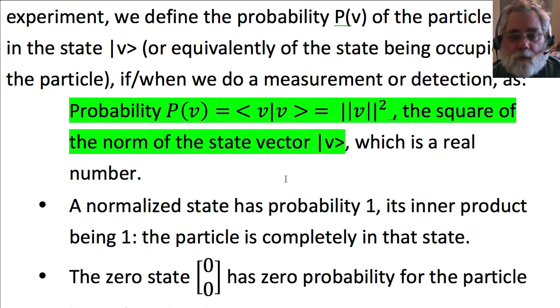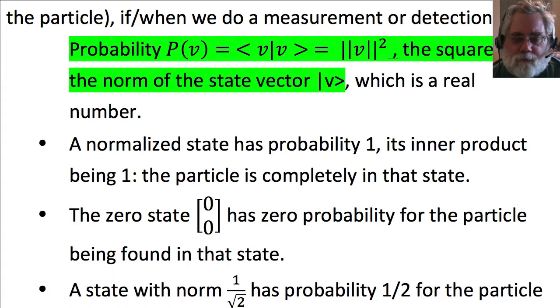And this is a real number. A normalized state has probability 1. Its inner product is 1. The particle is completely in that state. The zero state, 0, 0, has 0 probability for the particle to be found in that state.